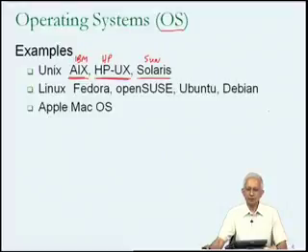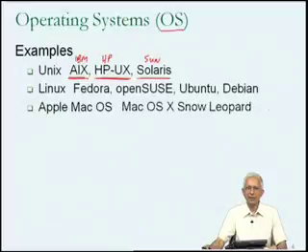And the current version of the Apple Mac OS, which you have on your own computer, is called Mac OS X Snow Leopard. The previous one was called OS X Leopard, I believe. So that is subtly different from either Unix or Linux.